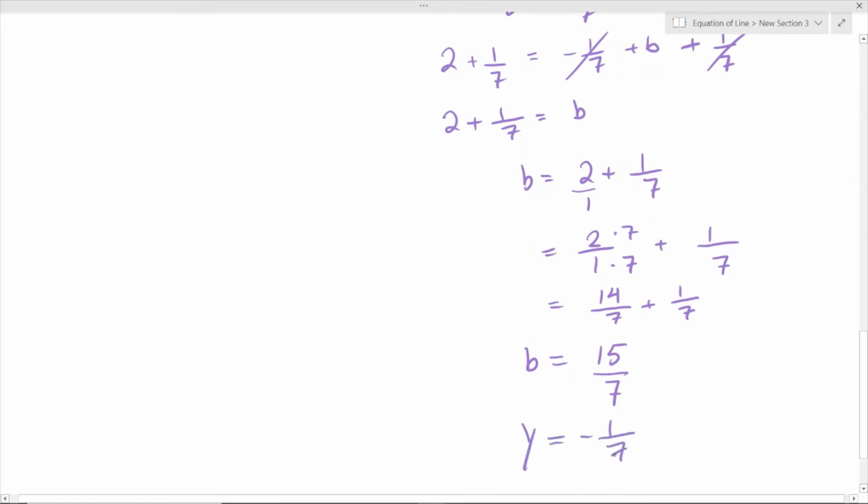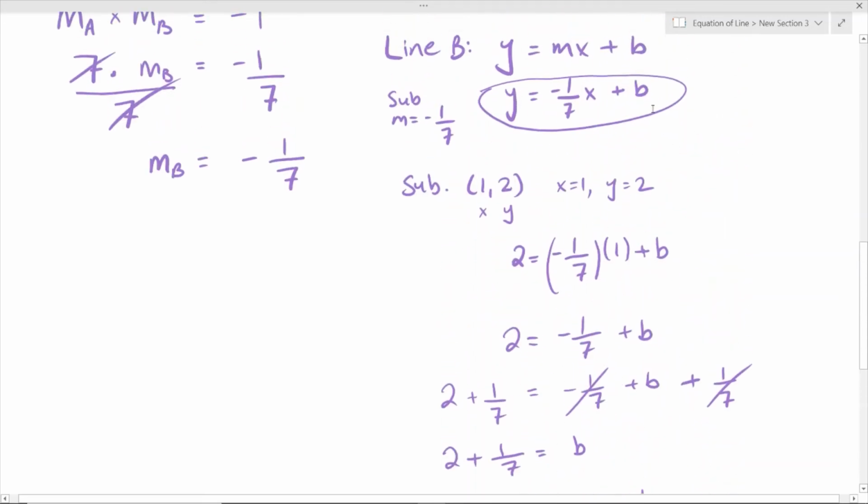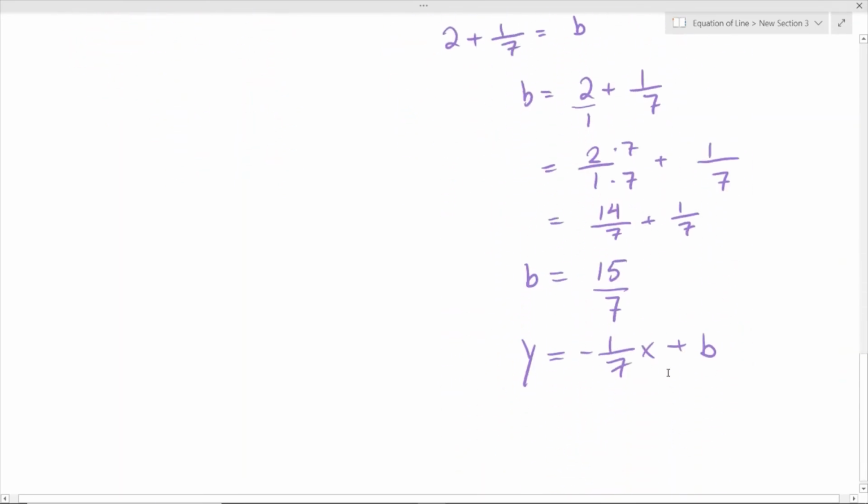So writing that in. So B is here, right? I'm just copying this equation right here. So I copied it, and now we just take this B, put it in here. So y is equal to -1 over 7x plus 15 over 7.